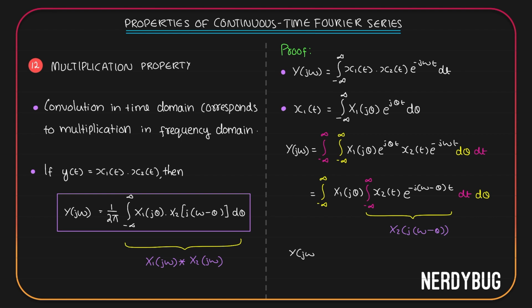So our y of j omega now becomes integral from minus infinity to infinity x1 of j theta x2 of j omega minus theta d theta, which is the convolution of x1 of j omega and x2 of j omega. So multiplication in time domain corresponds to convolution in frequency domain.